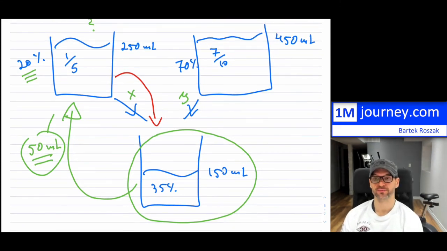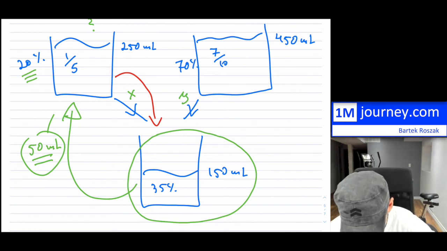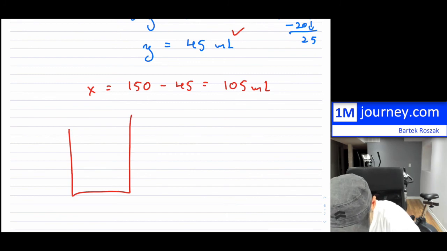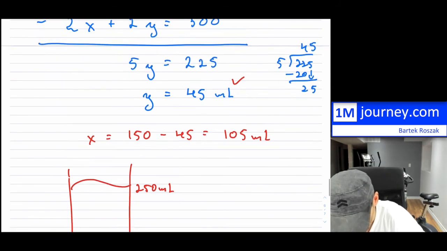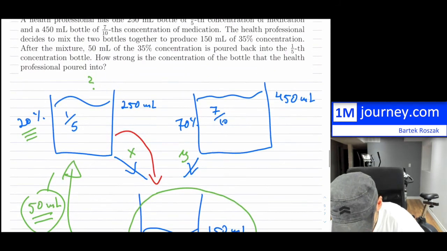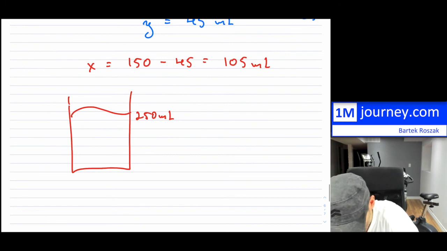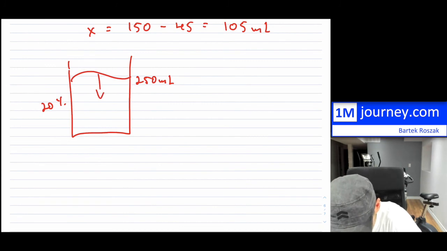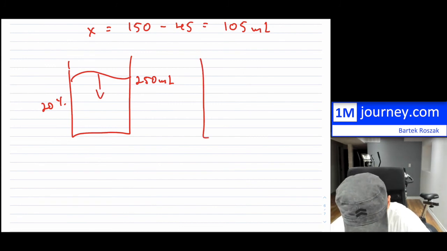Almost. So notice, what did we have? Because we're pouring back into here, we had 250 milliliters, and this was 20% concentration, or 1/5. Now we removed some because we were pouring it out. So what do we have left?